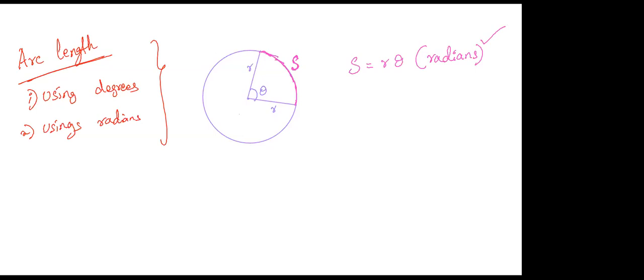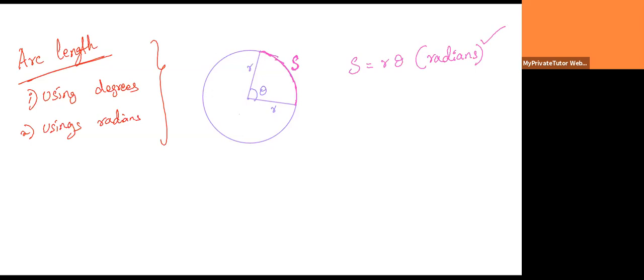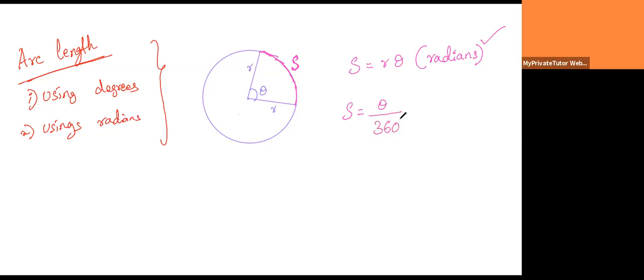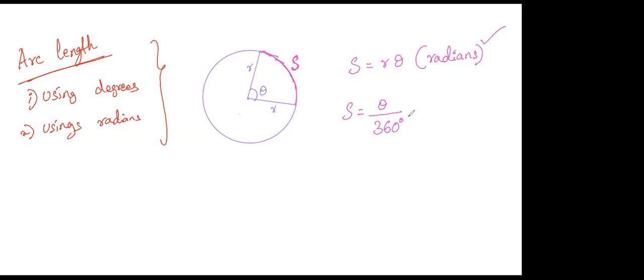So if it is given in degrees, what you need to do? Any idea? S equals theta divided by 360 into 2 pi r.